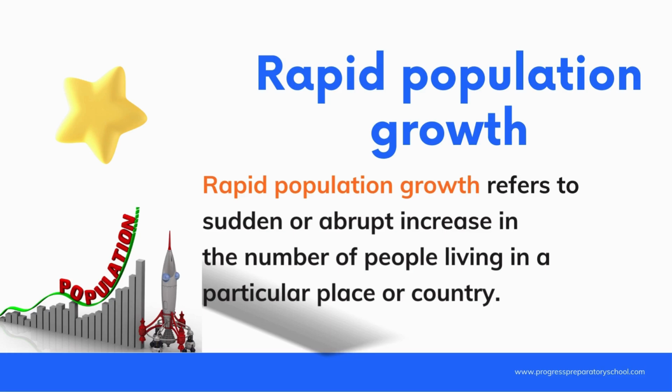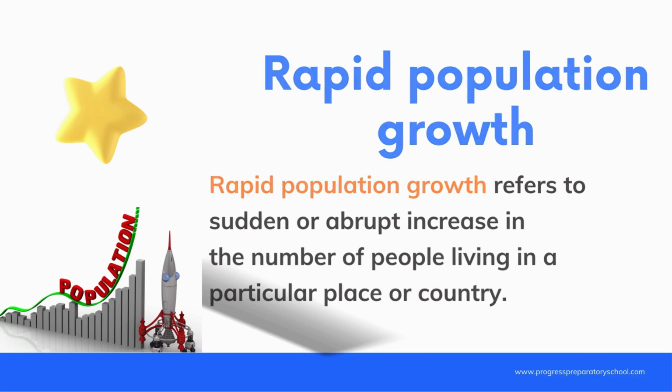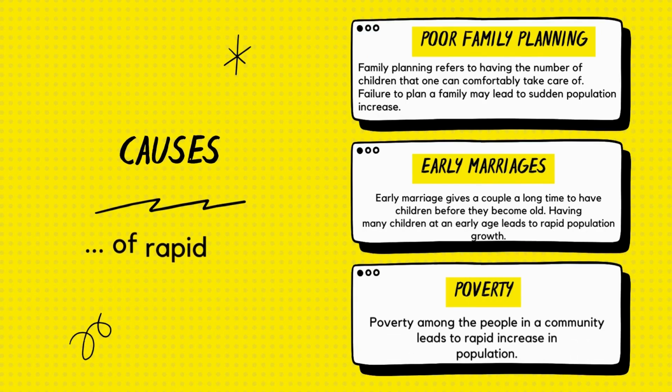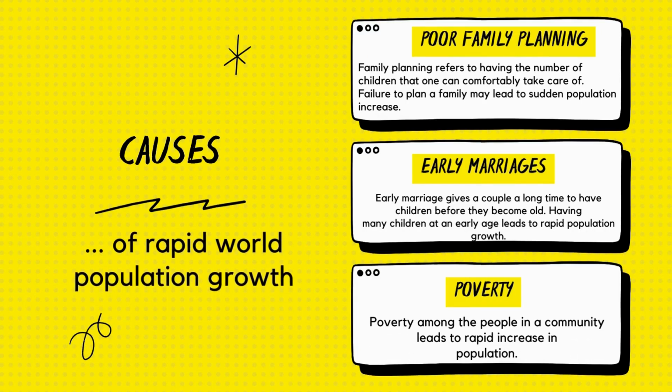What then can cause rapid world population growth? We have poor family planning as one of the causes. Family planning refers to having the number of children that one can afford to take care of.